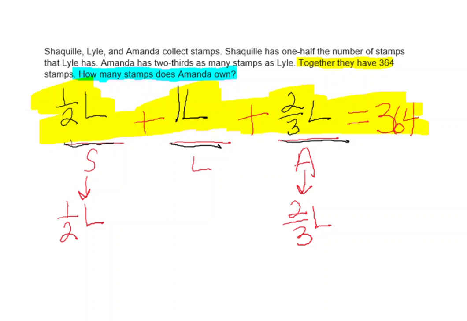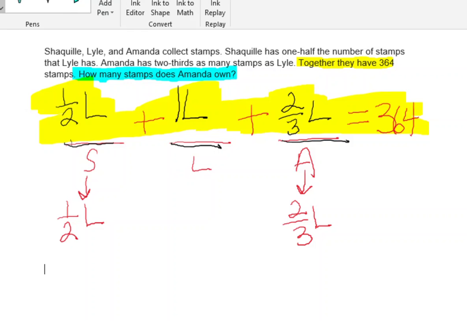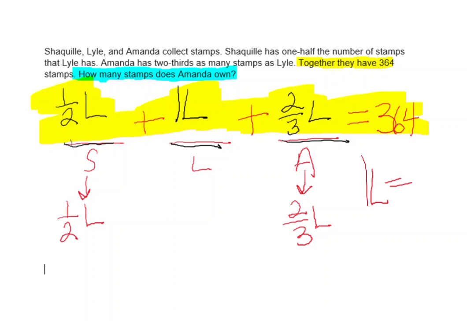And since all of what they're giving me is in terms of what Lyle has, we let our variable represent Lyle. And that's why I used L, because it makes sense that that's Lyle's number of stamps. So when we solve this equation, we would end up getting what L equals.